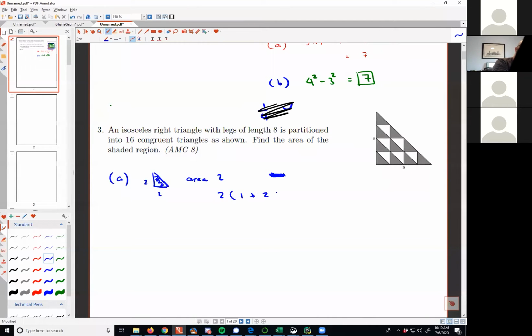We could try and find the area of the entire triangle and subtract the number of shaded triangles with a percentage. Yeah, we have 10 shaded and 6 non-shaded. So we can first compute the area of the whole thing, and then multiply that by the proportion of the shaded triangles.